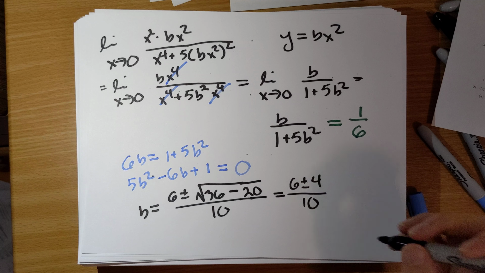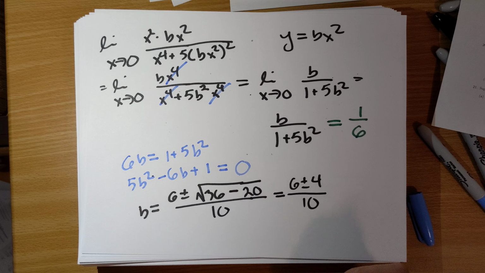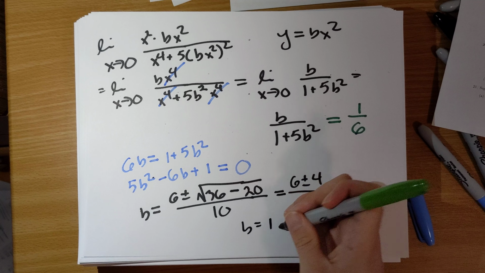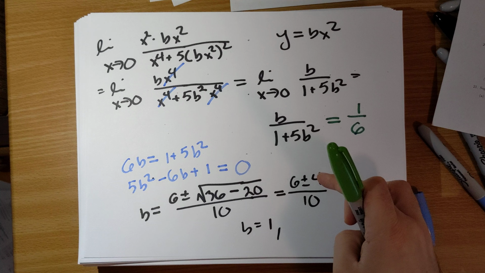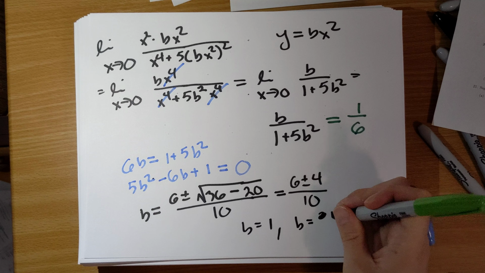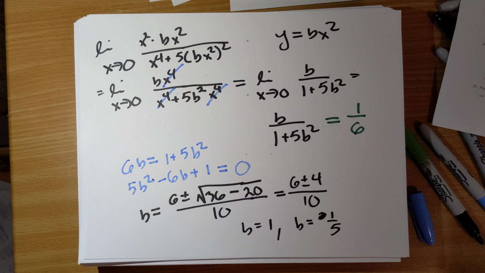So it looks like we get 2 solutions here. 6 plus 4 over 10, b is 1. 6 minus 4 is 2 over 10, b is 1/5. So 2 values of b give you 1/6.